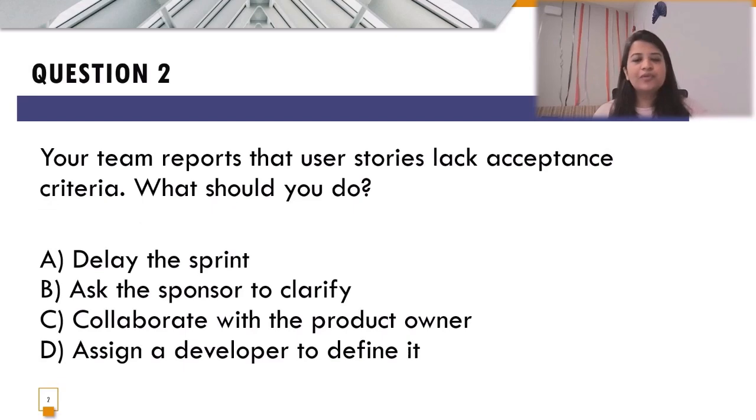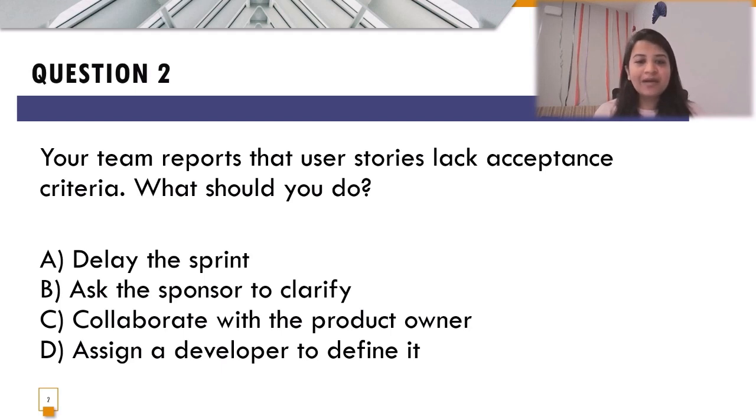Question number 2 says your team reports that the user stories lack acceptance criteria. What should you do as a project manager? Options are delay the sprint, ask the sponsor to clarify, collaborate with the product owner, or option D, assign a developer to define it.